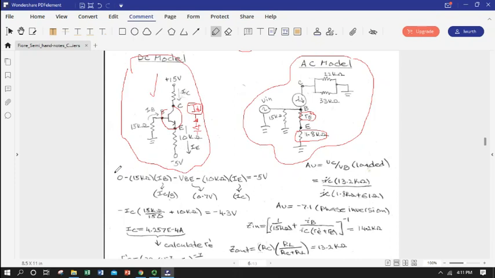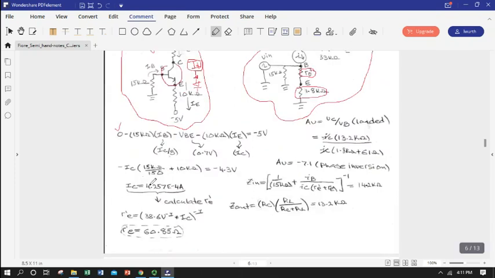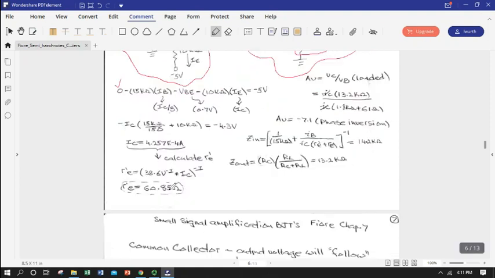So there's our KVL loop, and then we can express our base current in terms of our collector current and beta, just like we've done before, and we can solve for a collector current of about 0.43 milliamps.